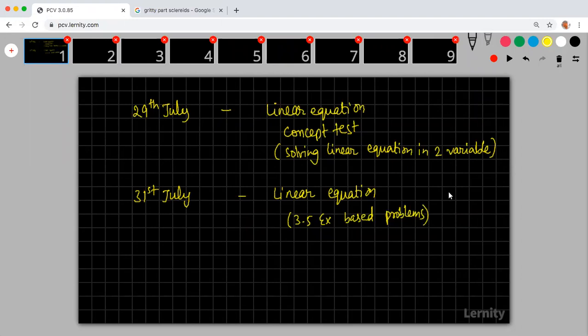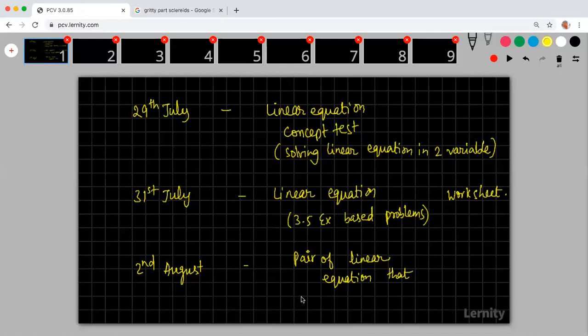This is worksheet. And 2nd August, you have pair of linear equation that has unique solution.